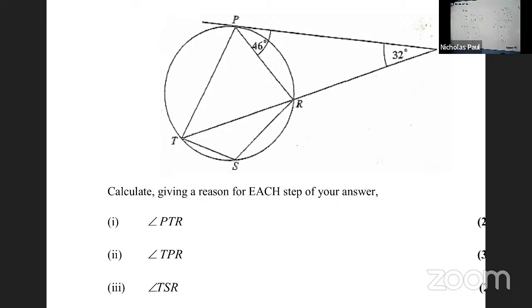No? You didn't get it? How much did you get? You got the first one? Once you get the second one, you can figure out the third one. I'll give you a hint. You should get the first one, hopefully.